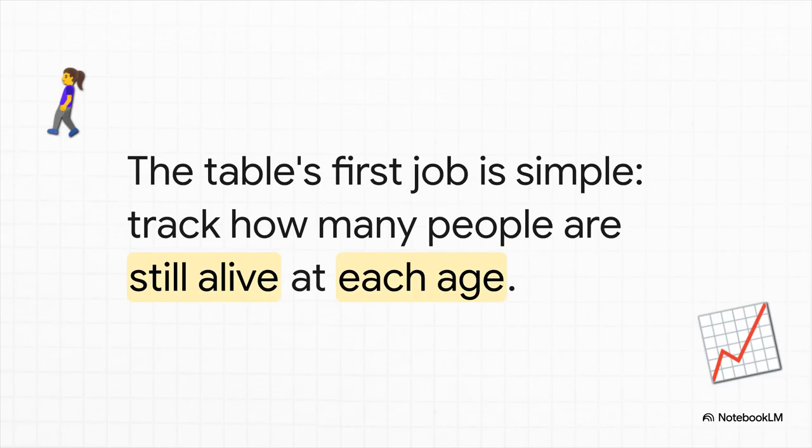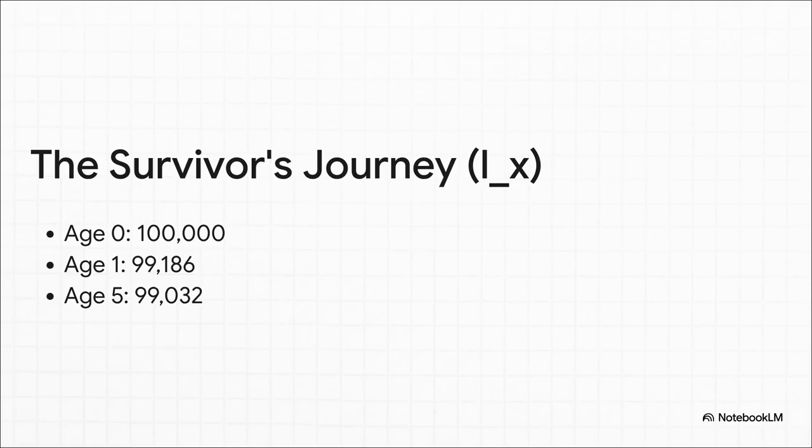It simply tells you how many people from that original group are still alive at the start of any given age. And you can see that journey start right here. We begin with our 100,000 people at birth, but by the time they hit age 1, historical data tells us that, on average, only about 99,186 are still with us. Fast forward to age 5, and that number's down just a little bit more.